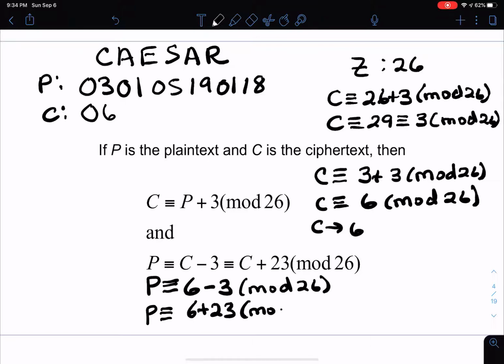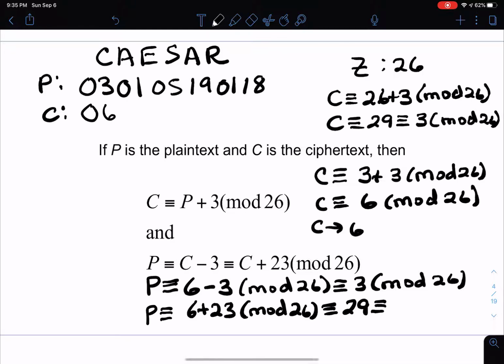Either one will work. This first one comes out to 3 mod 26. But so does that second one, 29, which is also congruent to 3 mod 26. So yeah, you could actually use congruent statements to go back and forth if you wanted to use the numerical version of the letters. That's something you can do to make it a little extra complicated.